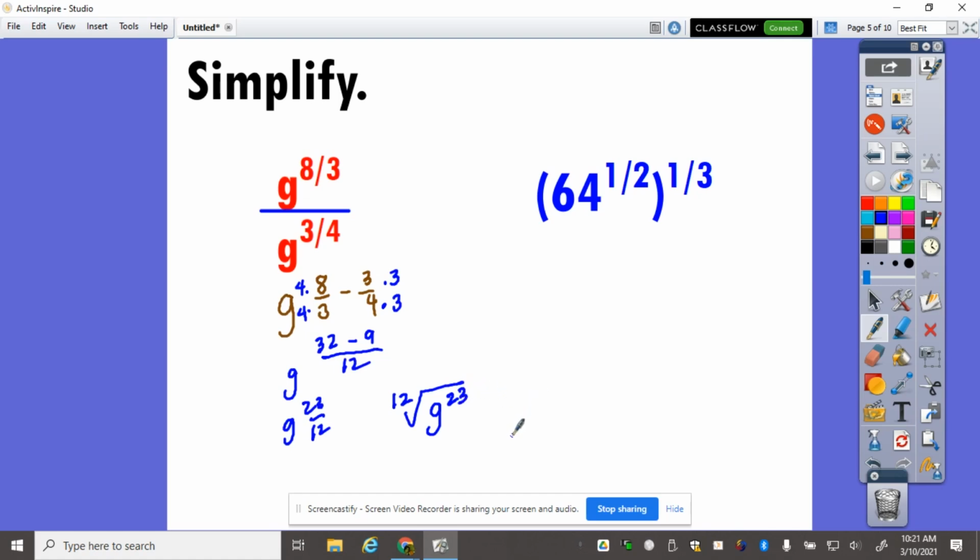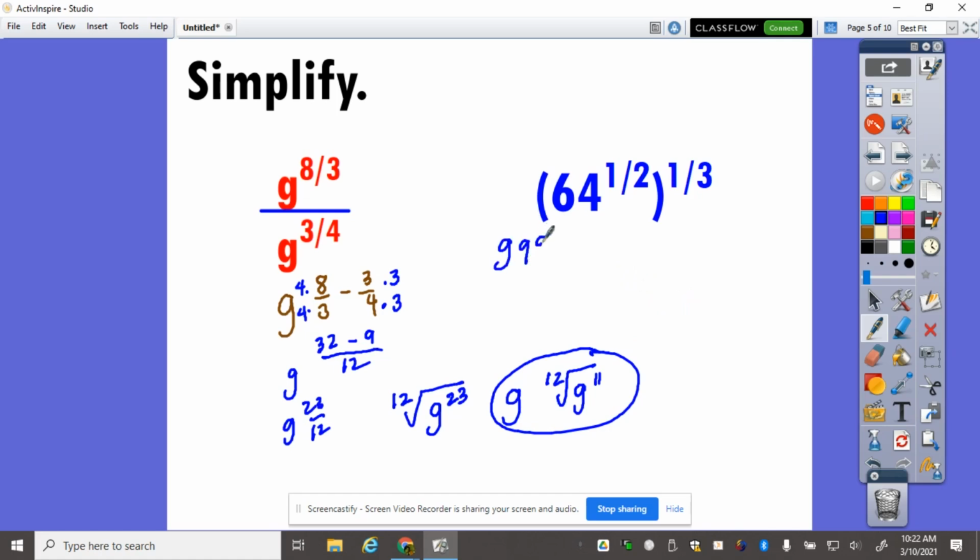Remember that I have to group them. I'm not going to write 23 G's, but I know that it can make at least one group of 12 G's there. So therefore, I'm going to have a G outside and a 12th root of G to the 11. And that's the answer. Again, one more time, why is the answer that?